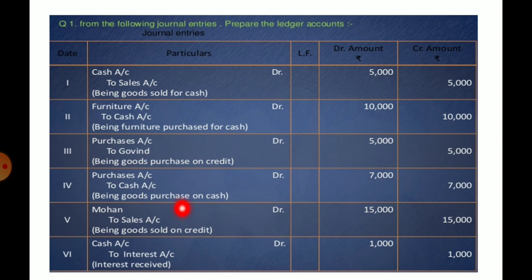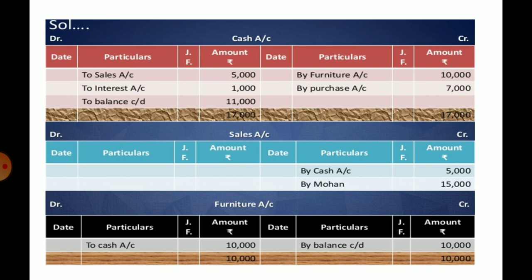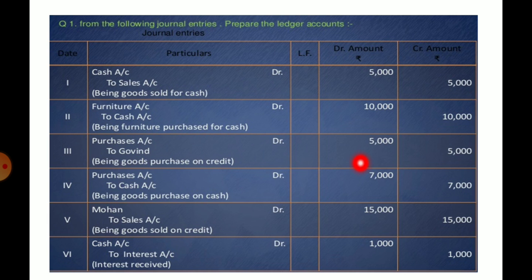Yes, this is the transaction. Sales is on the credit side, so Mohan should be posted on the credit side. And in the last transaction, that will be Mohan.